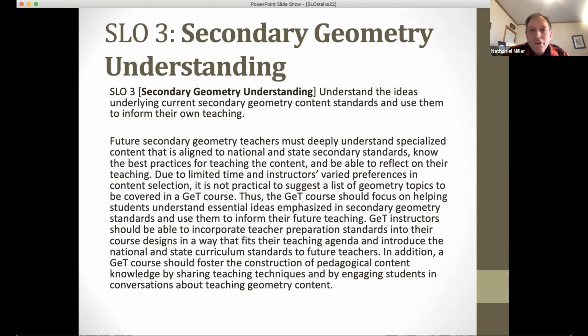And they might be different for people, say, in your state, or wherever you are. So this is encouraging people to look at the national standards, to look at their state standards, and just try to understand what it is that secondary teachers are going to have to know, and use that to inform your course.